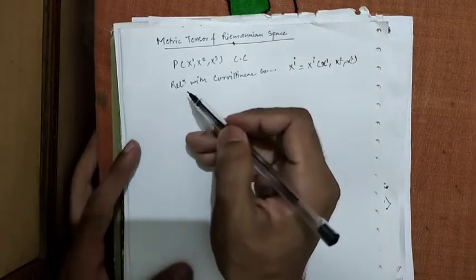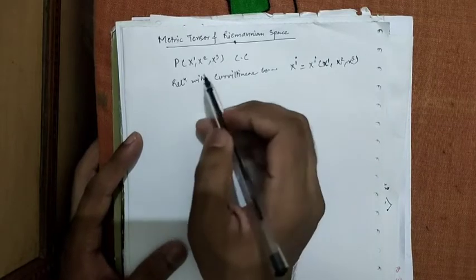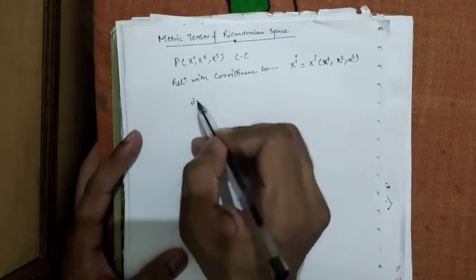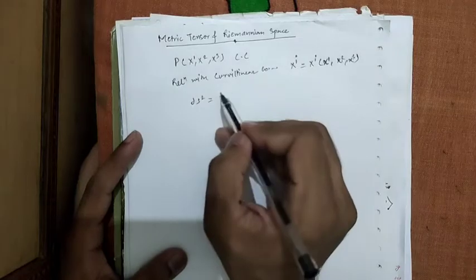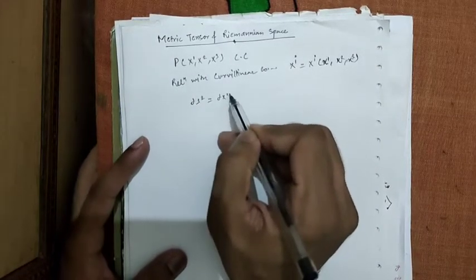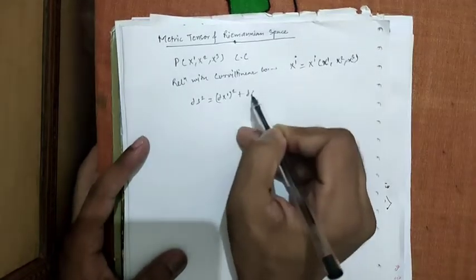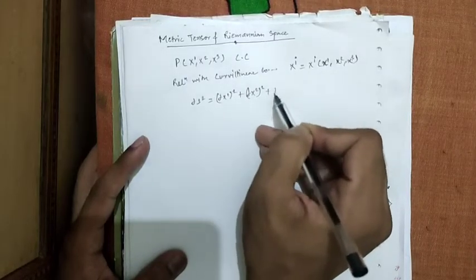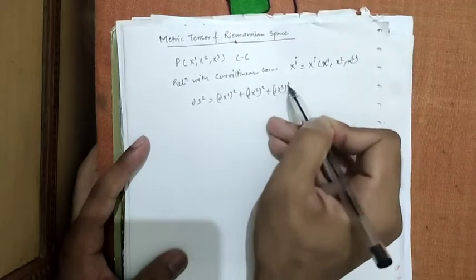The distance between the points in Cartesian coordinates, the small distance ds square, is given as dx1 square plus dx2 square plus dx3 square.